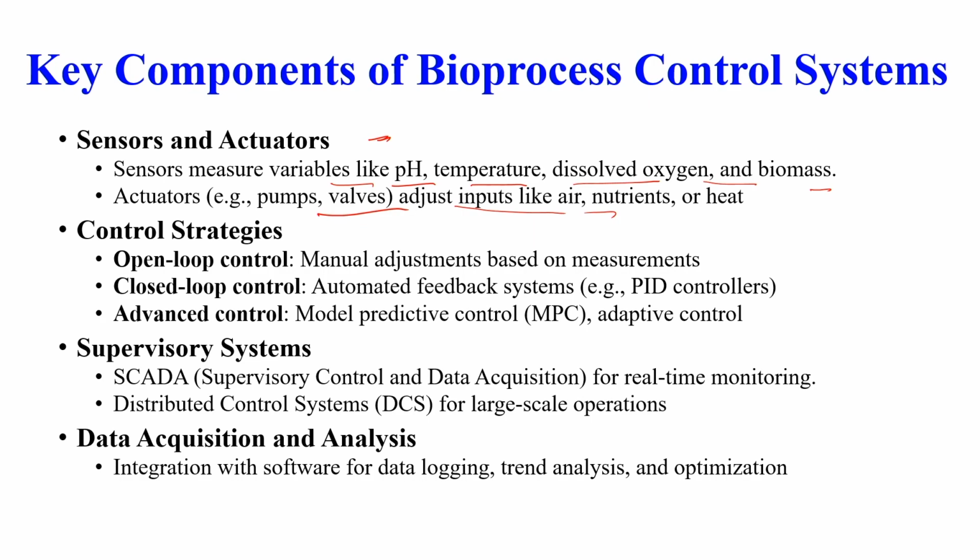Then you are going to have different control strategies, and the control strategies can be open loop. Open loop means the measured variable is not coming to the controller, so you are going to do manual control or manual adjustment based on the measurement. Closed loop, one example is automated feedback systems.